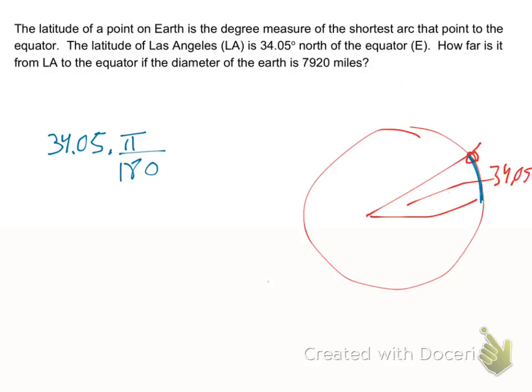Make sure you use the pi button and not 3.14. Could I make my life a little easier and leave that on my calculator, and then just multiply by the other half of the formula? R, radius. I want to do theta times R.